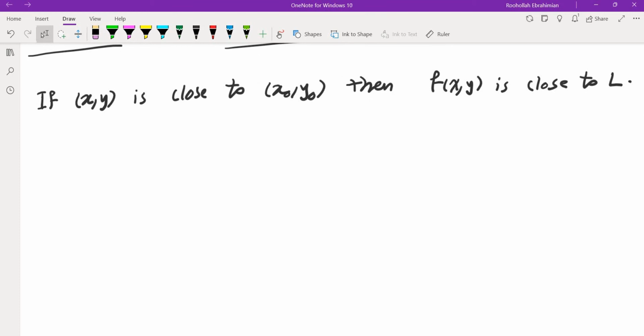Now, what does it mean that xy is close to x naught, y naught? It means if we plot these points on the xy plane, the distance between these two is small.